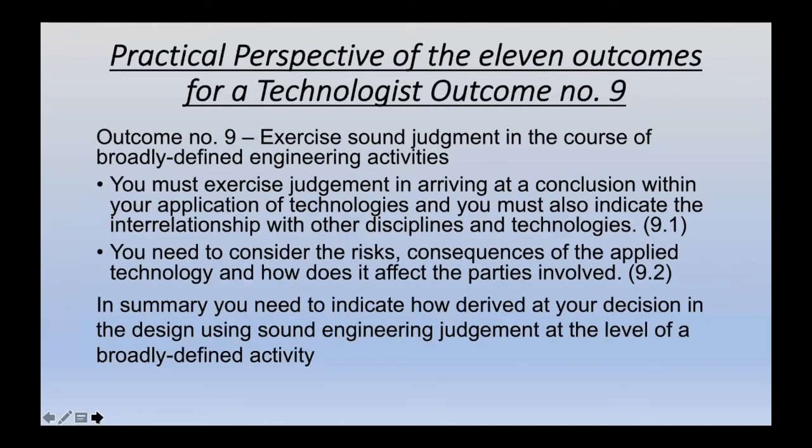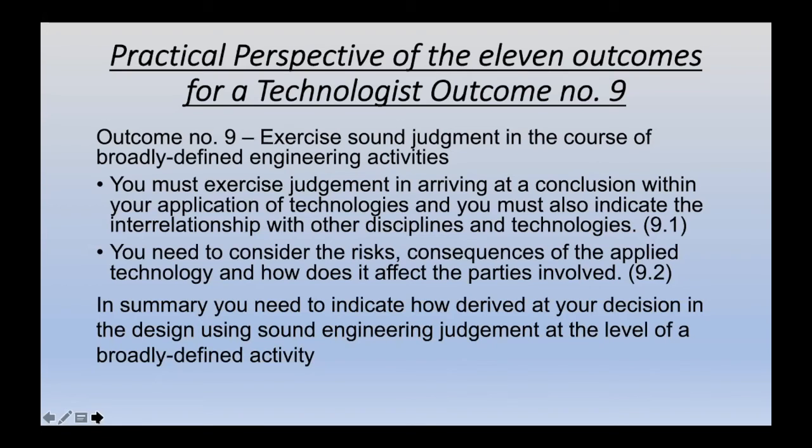Outcome 9: exercise sound judgment in the course of broadly defined engineering activities. As I said previously, and my colleague said in the previous presentation, outcomes 9 and 10 are coupled to outcomes 1, 2, and 3. Here you must exercise judgment in arriving at a conclusion within your application of technologies, and you must also indicate their interrelationship with other disciplines and technologies.